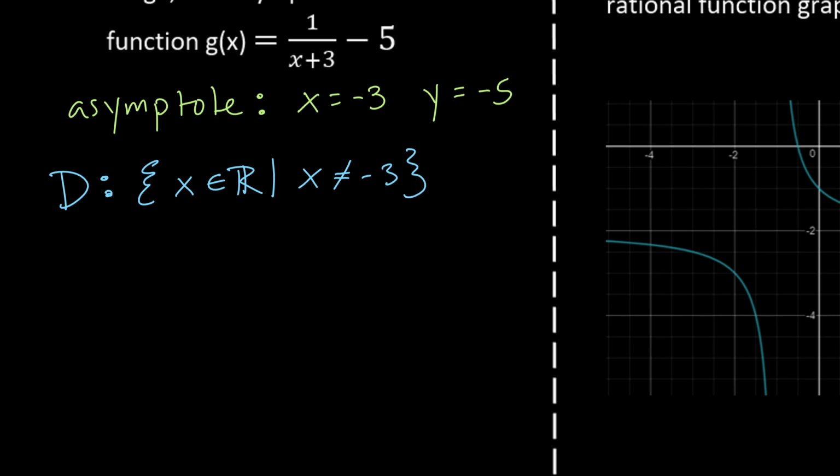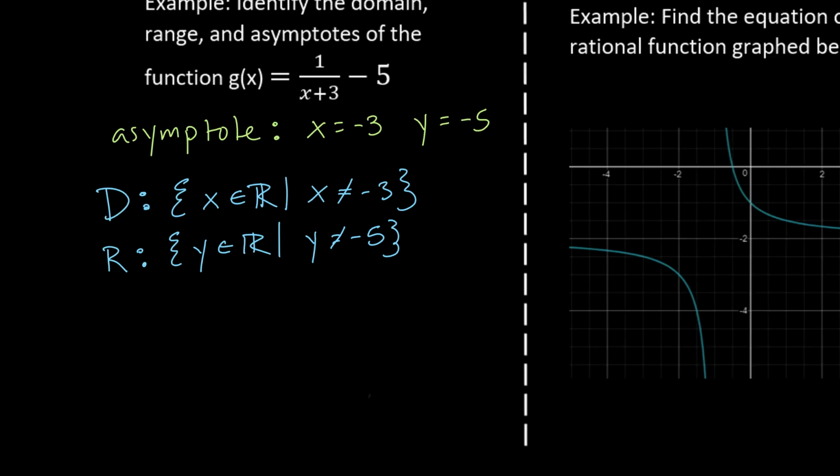Anyone want to take a stab at what the range is going to be in set notation? The same thing, except it can't be -5. You're right. -5. Is this making sense?